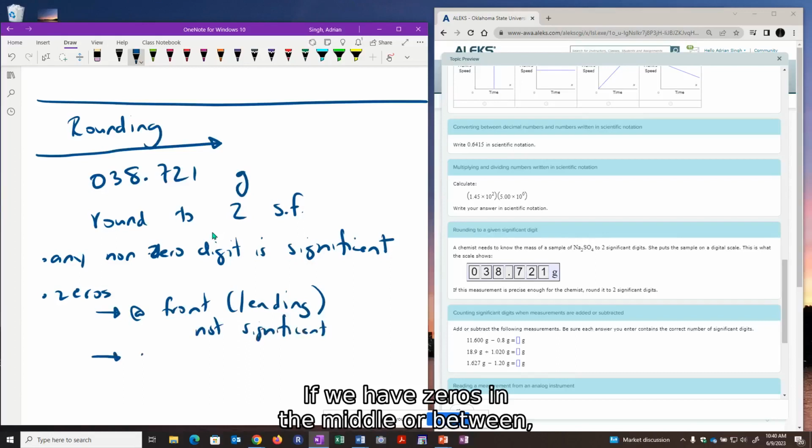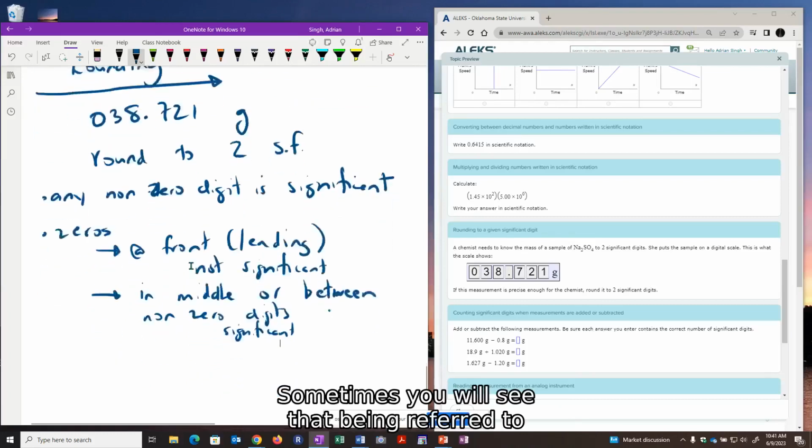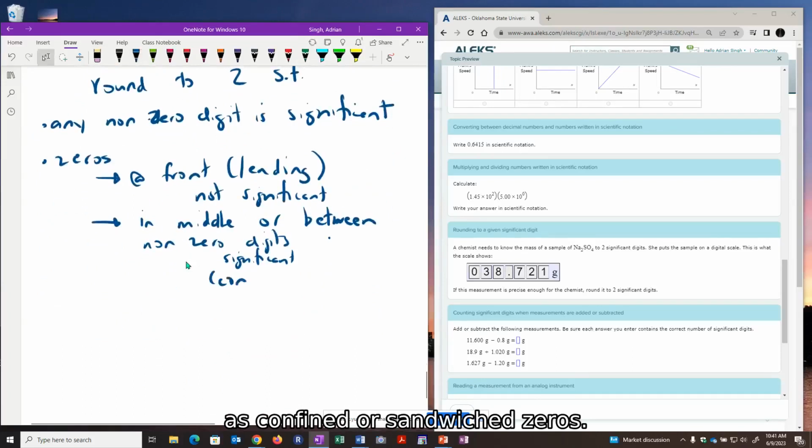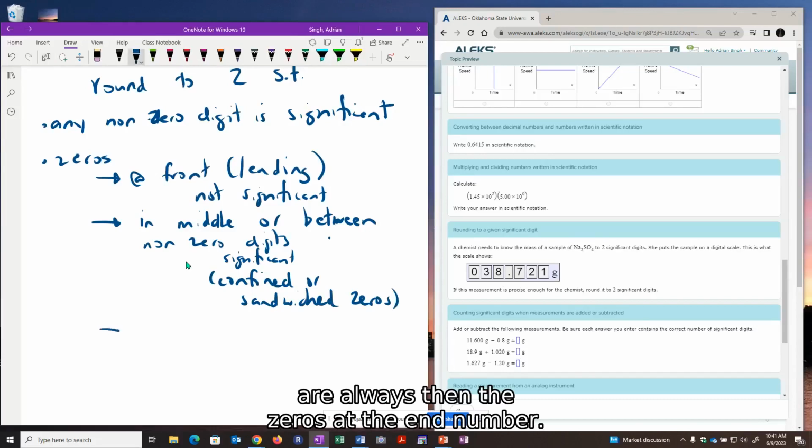If we have zeros in the middle, between non-zero digits, they don't have to be exactly in the middle, they are significant. Sometimes you'll see that referred to as confined or sandwiched zeros. So those are significant always.